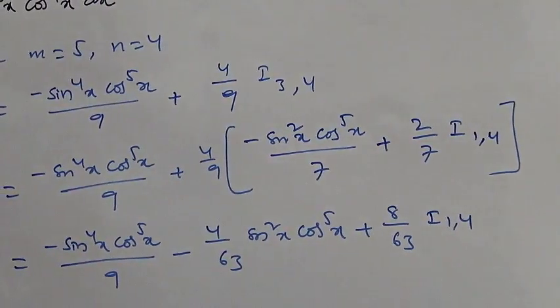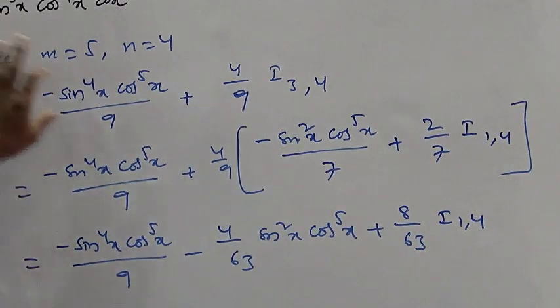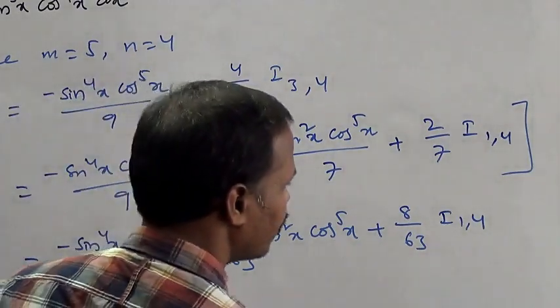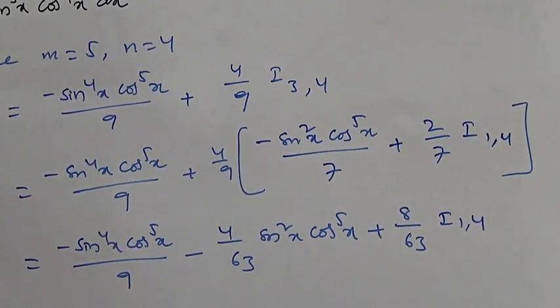Now I(1, 4). What is I(1, 4)? Integral sin x cos power 4x. So I will calculate this here.